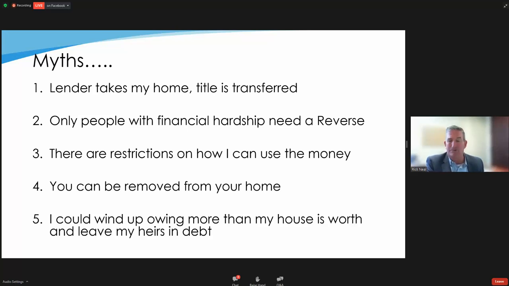All reverse mortgages are non-recourse loans, meaning you or your heirs will never owe more than the value of the home in the unlikely event that it goes underwater. And if that's the case, the heirs can purchase the home for 95% of the present value of the home.